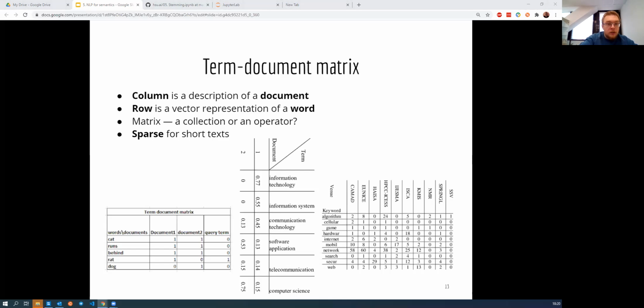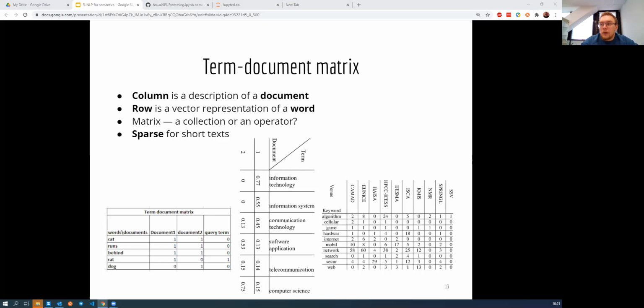So the shorter the text, the fewer elements are marked for each of the words. Again, usually about the convention, you can see from these screenshots that there are multiple different ways of doing this, but usually documents are considered as columns, words are considered as rows.